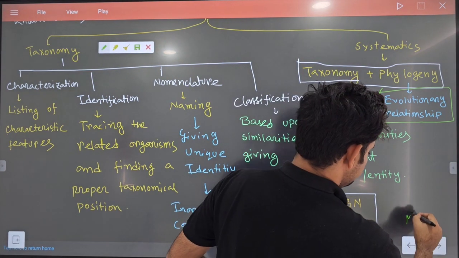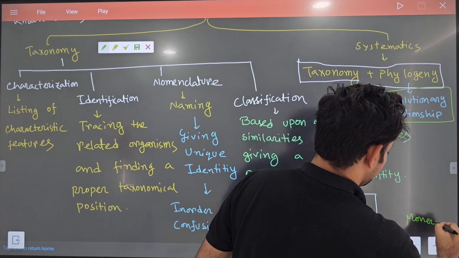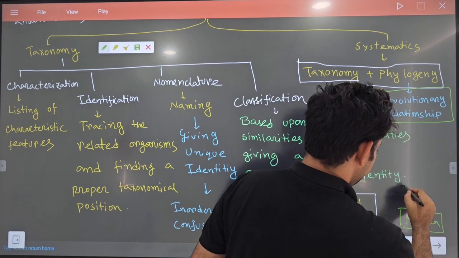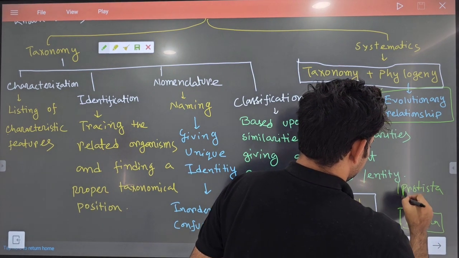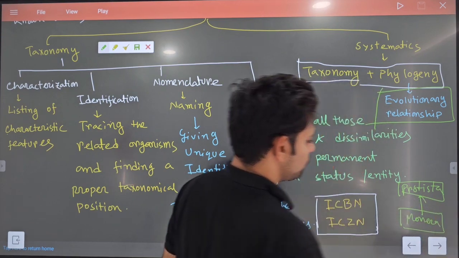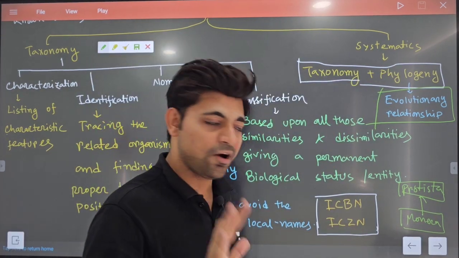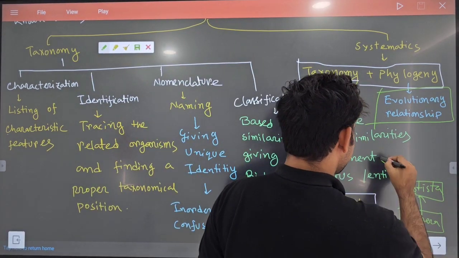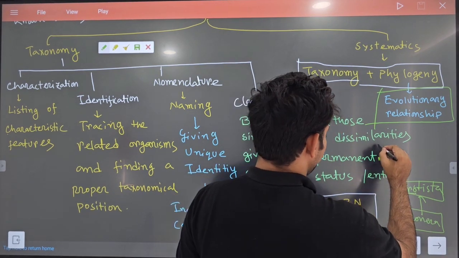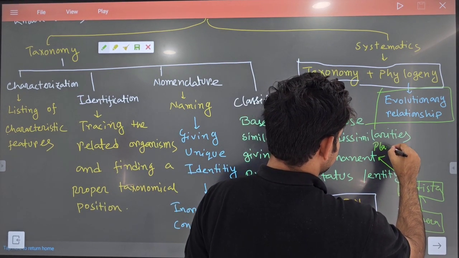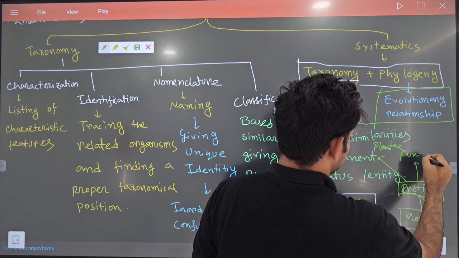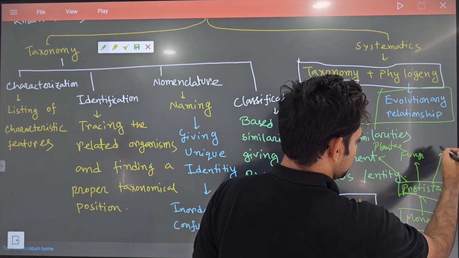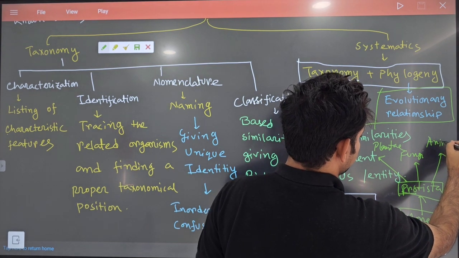So first there is Monera, then Protista. Protista evolved from Monera. Now one group of Protista will give rise to Plantae. Another group of Protista will give rise to Fungi, and another group of Protista will give rise to animals or Animalia.